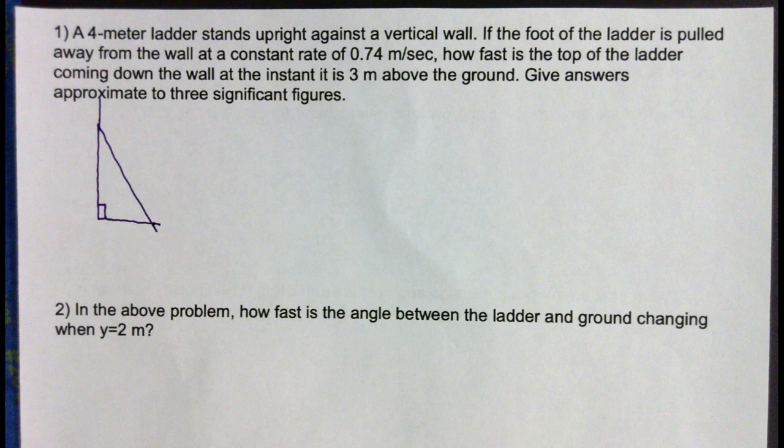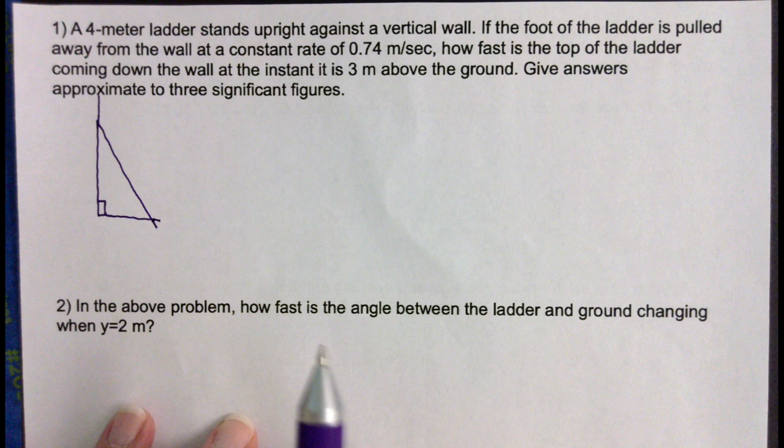Things like that have happened for sure. Anyway, so the foot of the ladder is getting pulled away, I'm going to make a little arrow there, at a rate of 0.74 meters per second.